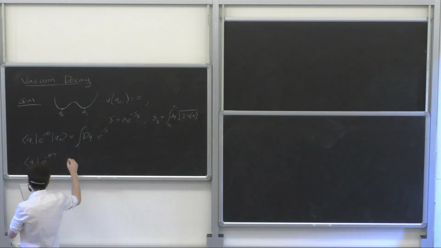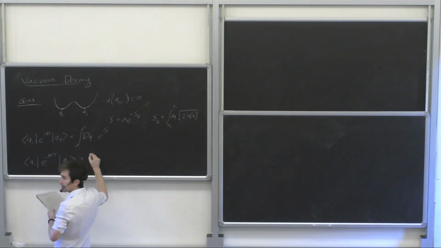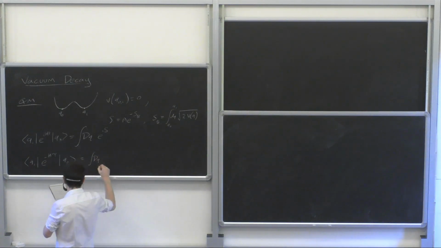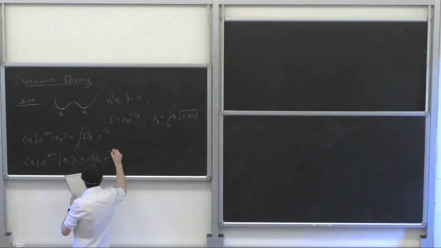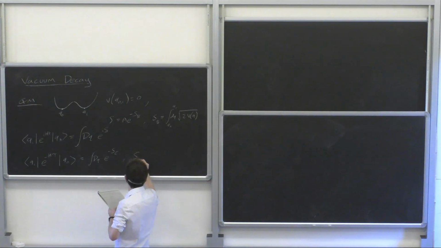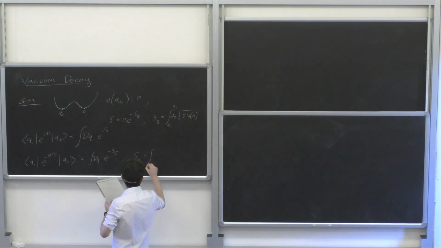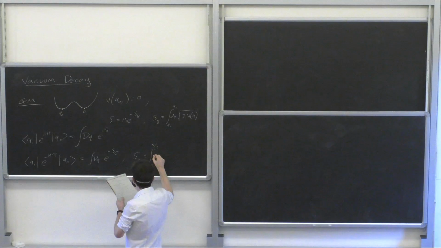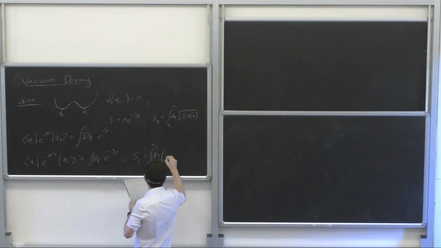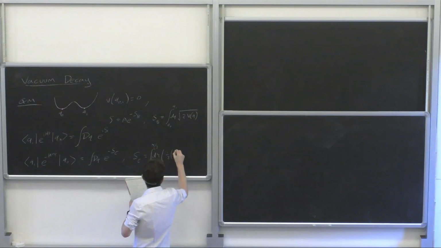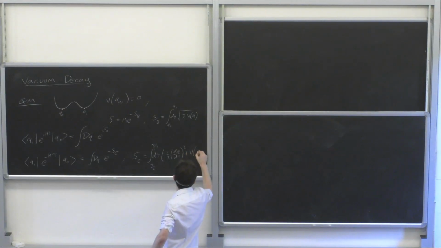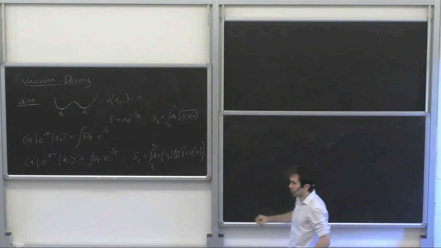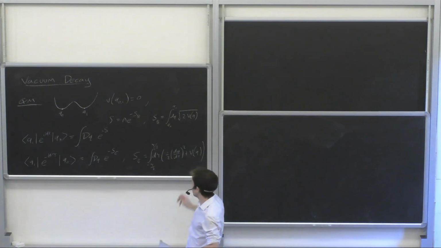Let me use curly T to represent Euclidean time. This is given by the Euclidean path integral, the integral over paths Dq of e to the minus S Euclidean, with the crucial sign change between the derivative term and the potential term.